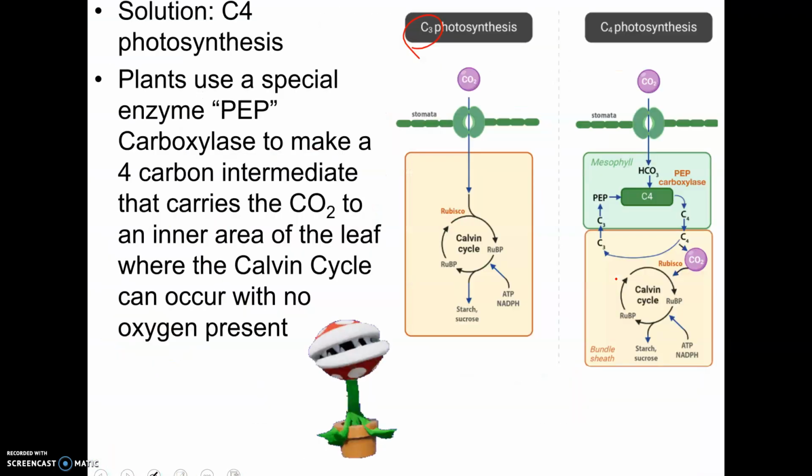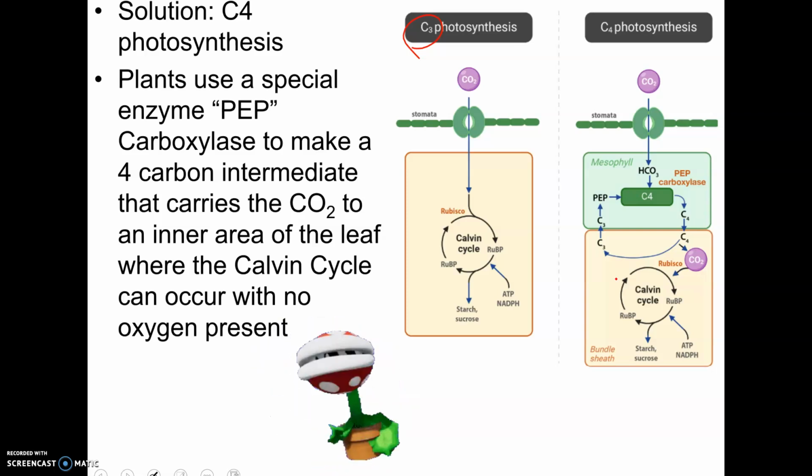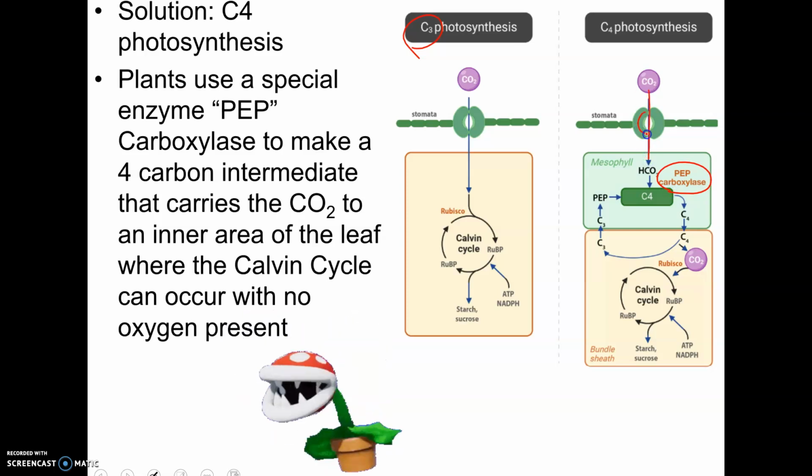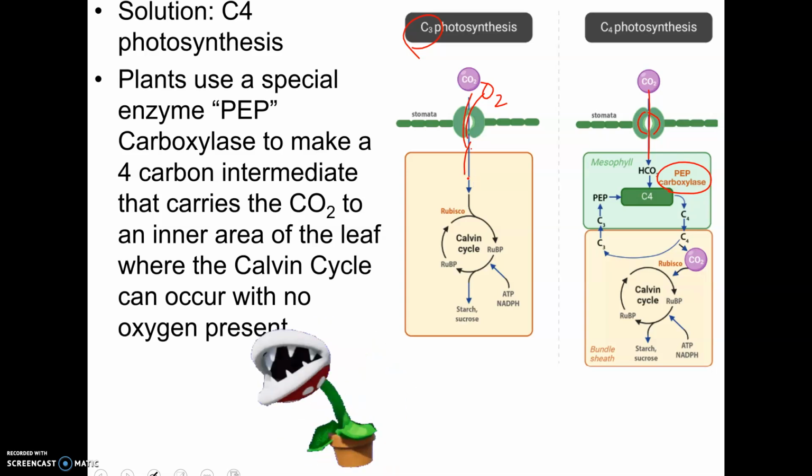So with C4 photosynthesis, the modifications are, first of all, it has a special enzyme called PEP carboxylase. This is supposed to be the stomata where the carbon dioxide comes in the leaf. Normally, carbon dioxide and oxygen can both enter here, and in a high oxygen environment, this is where the photorespiration would happen.